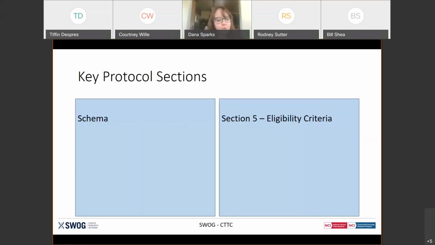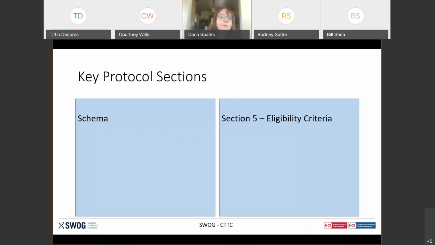So at the front of every SWOG protocol that has a randomization involved in it, you will see a schema that outlines how a patient moves through participation on that protocol. In general, it would include the registration to the trial, the randomization, what the different arms of the study the patient could be randomized to, how long follow-up continues, and when a patient goes off treatment, whether the treatment is continued until progression or if it's a defined treatment length.